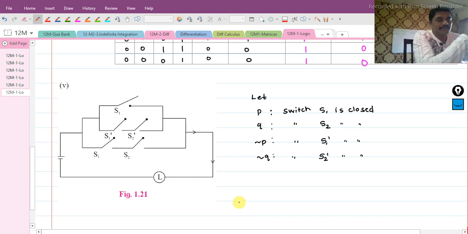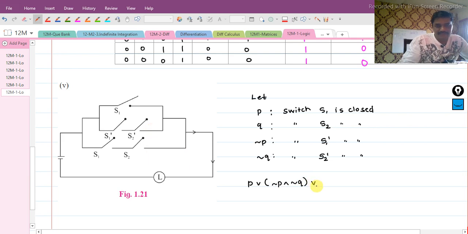We know that AND means series and OR means parallel. So here first these two are in parallel, S1 means P, or now this is series of these two, that is negation P and negation Q, and this is further in parallel with it. The whole thing is parallel, so it will be the ORing of P1 and P2, with S1 and S2 in series giving P and Q. Well, this is it.